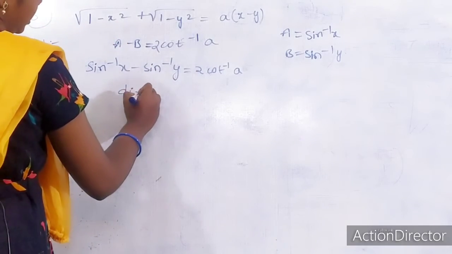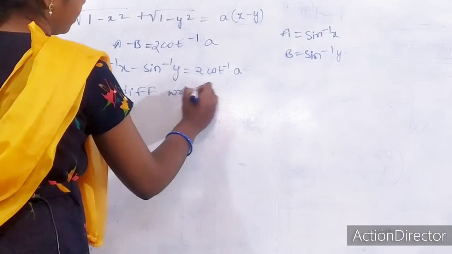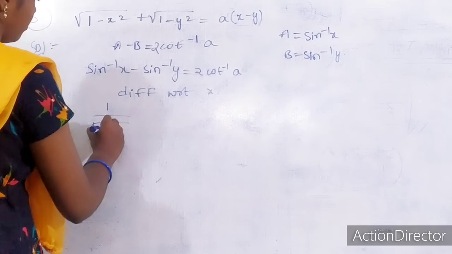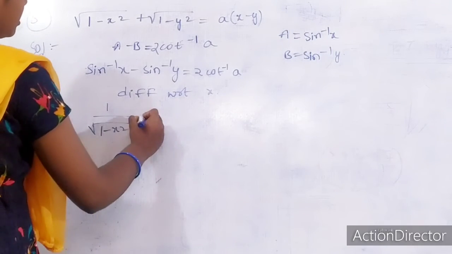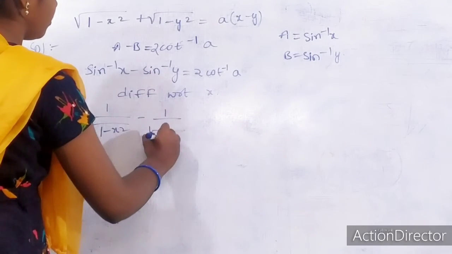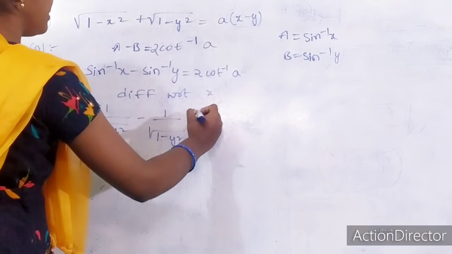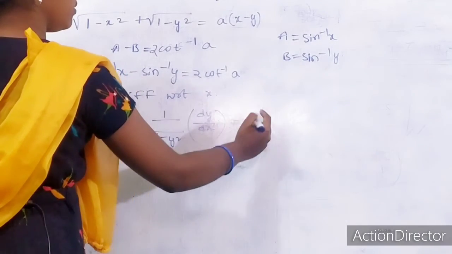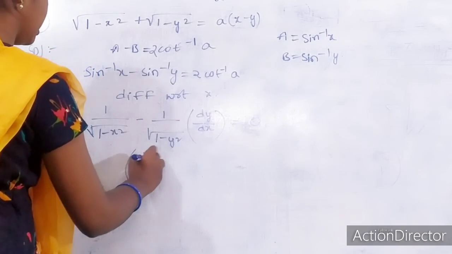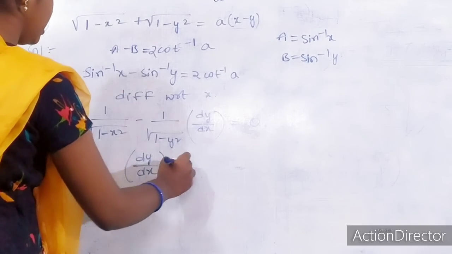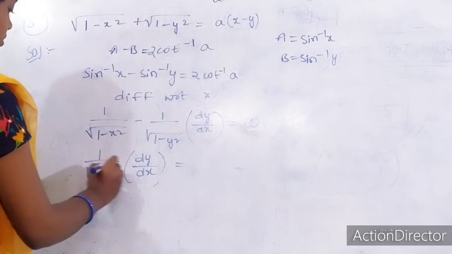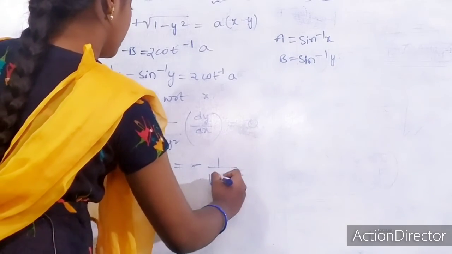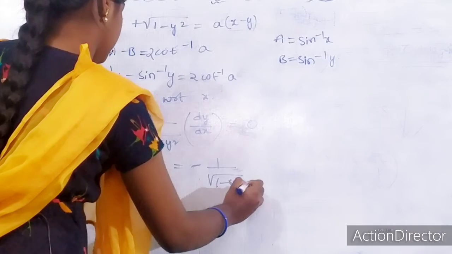Now differentiate with respect to x. dy by dx of sin inverse x is equal to 1 by root of 1 minus x square minus 1 by root of 1 minus y square into dy by dx of y, that is dy by dx. dy by dx of a constant is 0, that is dy by dx is equal to 1 by root of 1 minus y square minus 1 by root of 1 minus x square.